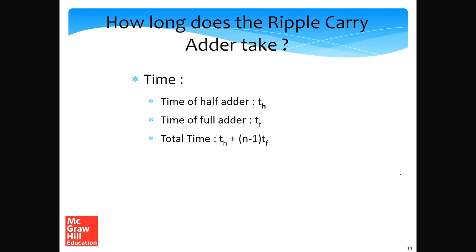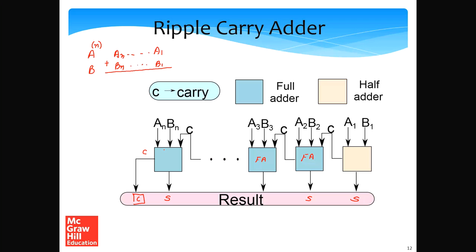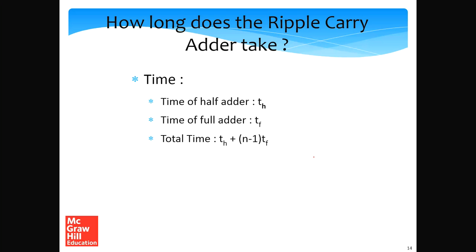So as we see, the total time that this adder will take, let me go back, is essentially the time for one half adder to compute its carry, and then since these are in series, it will be th plus n minus 1. In an n bit addition, we'll have n minus 1 full adders. So it will be th plus n minus 1 times tf.